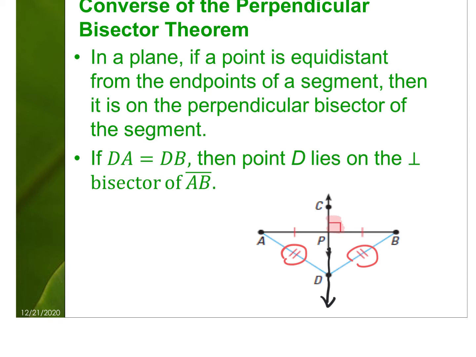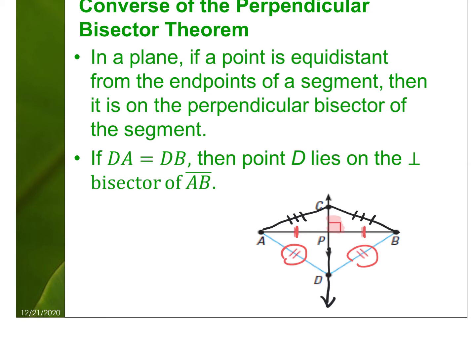And again, I can also see that A to P is the same distance as B to P. I could also draw segments from C to B and C to A. Again, C is on the perpendicular bisector, so I know it is equidistant from the endpoints.